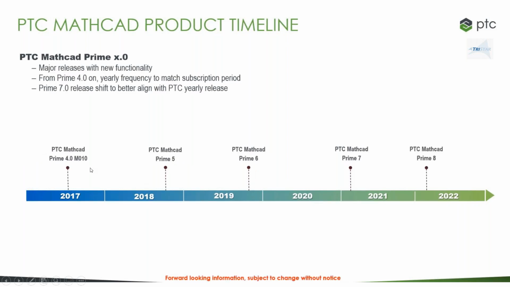Starting with Mathcad Prime 4, they started releasing the versions yearly around the same time, mainly to align with subscription periods. But then they shifted Prime 7 and future releases to align more with PTC's end of quarter, their annual year.